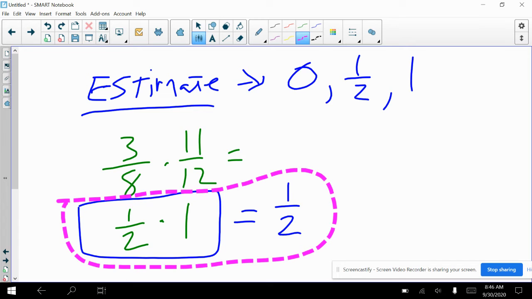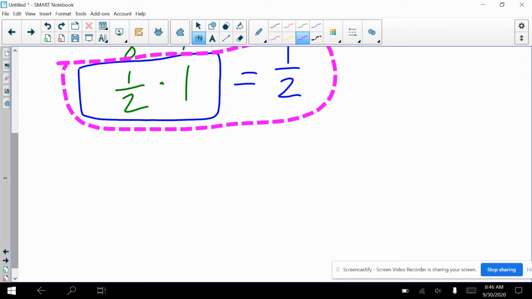Does that make sense? Emma? What's 1 times anything? Multiplication property of 1, right? Lesson 1-3. I'm going to keep bringing this up throughout the year. Things that you've already been taught, you can't forget. Now, instead of whole numbers, we're using fractions.